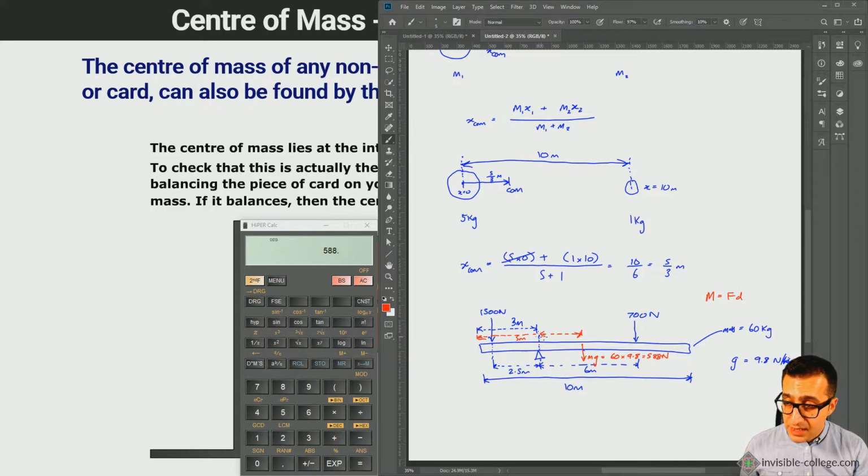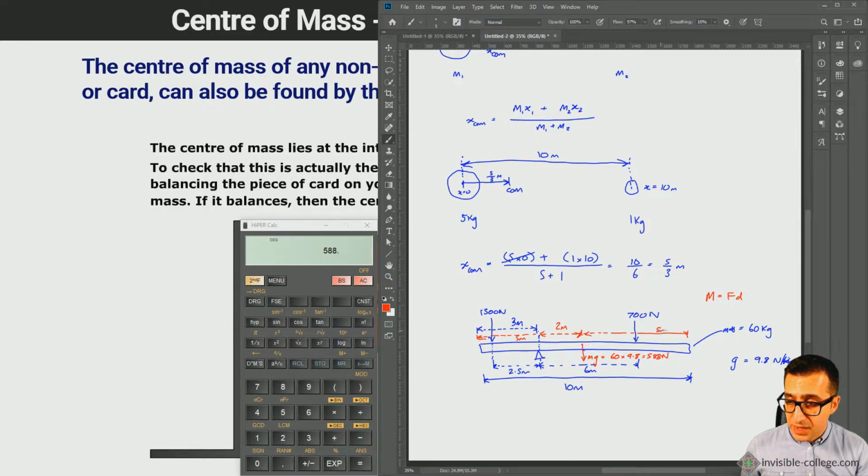This distance here is going to be 5 meters, because the center of mass is 5 meters from either edge, minus the 3 meters of the distance of the pivot point from this edge here. So this distance here is going to be 5 minus 3, which is 2 meters. Also, we need this position here.